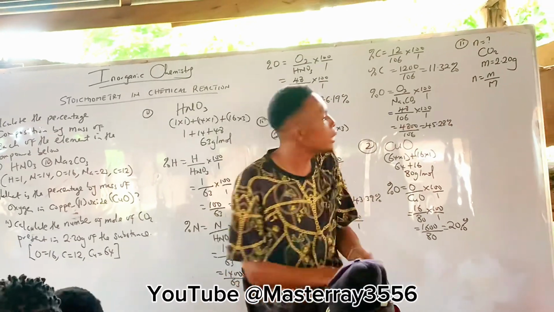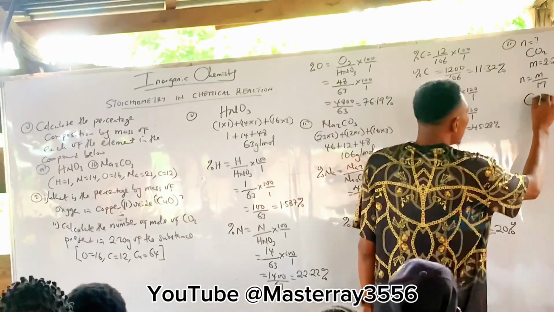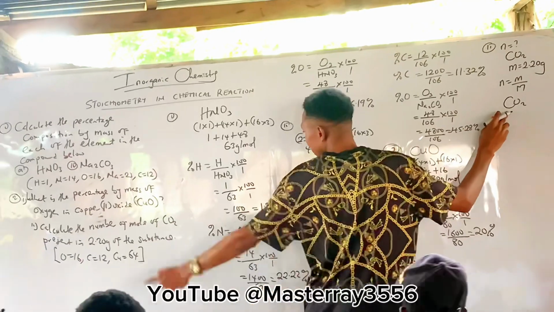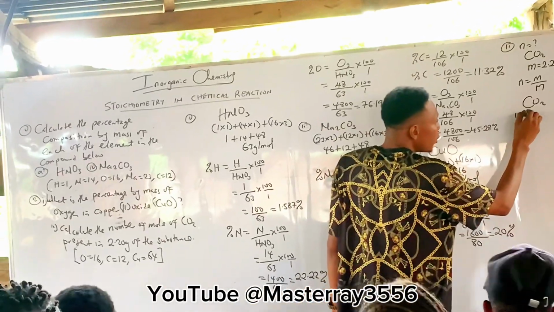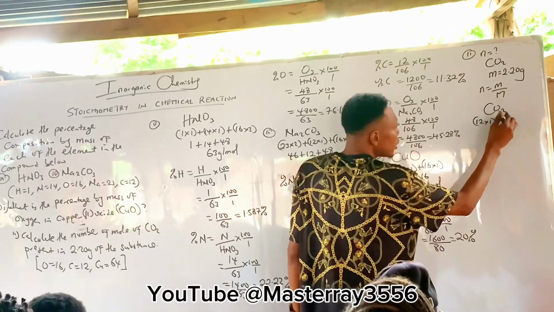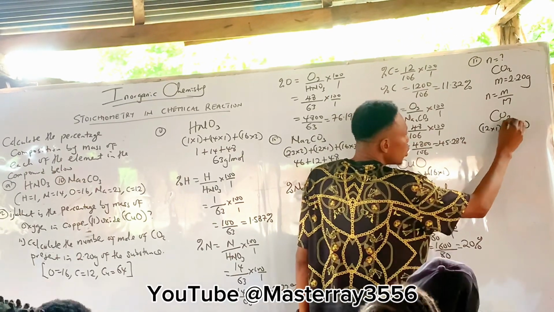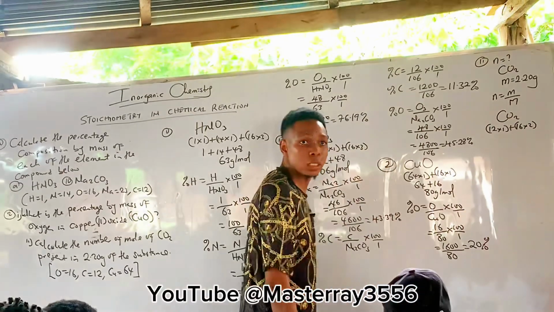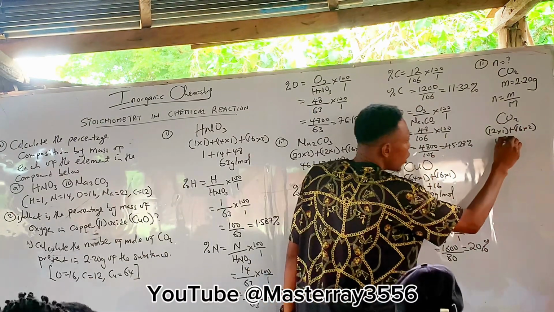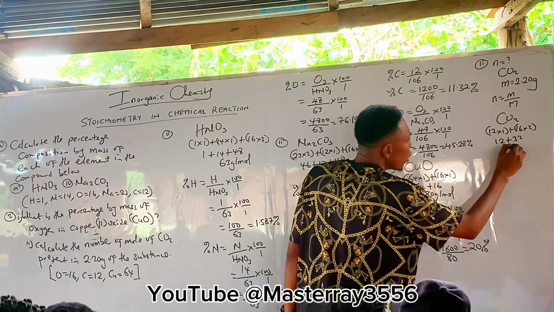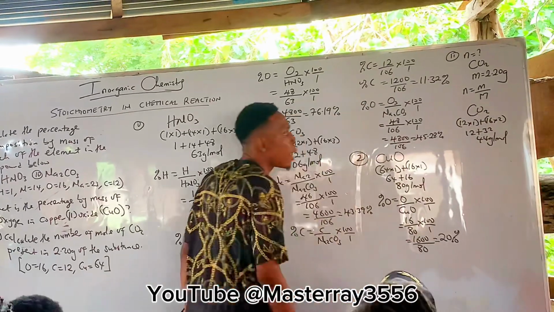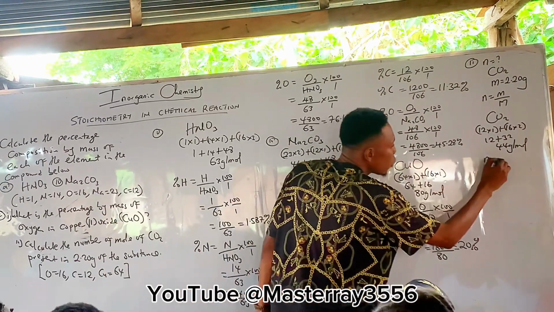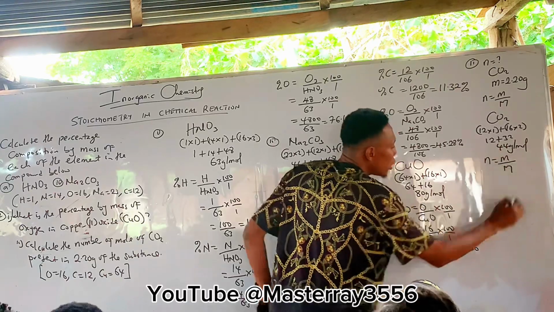Are you following? Now, since we are given CO2, so carbon, you can see they give you the mass number for each of them. Carbon is how many? 12 times 1 plus oxygen 16 times 2. So 12 times 1 is 12 plus 32. That gives us 44 gram per mole. So this time around, our n will be equal to mass over molar mass.